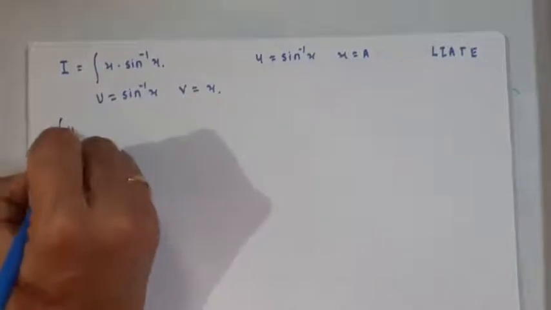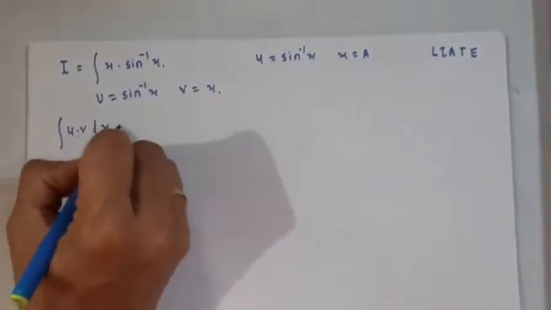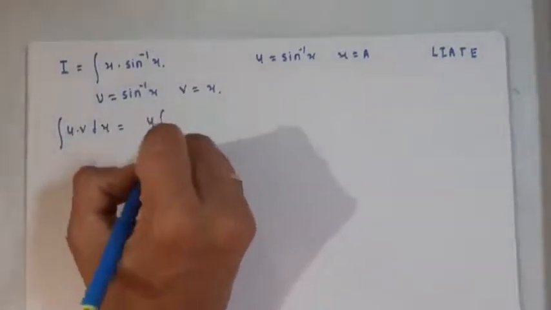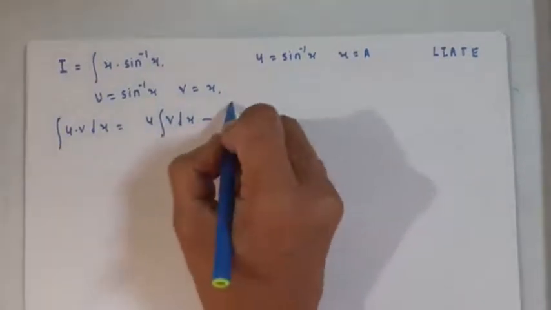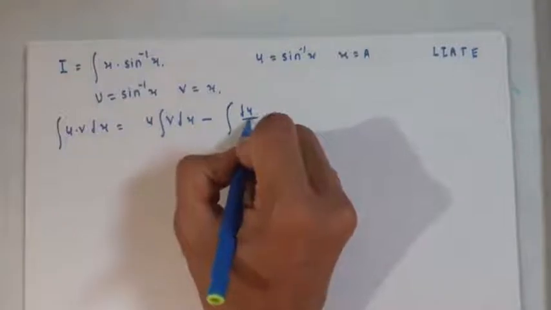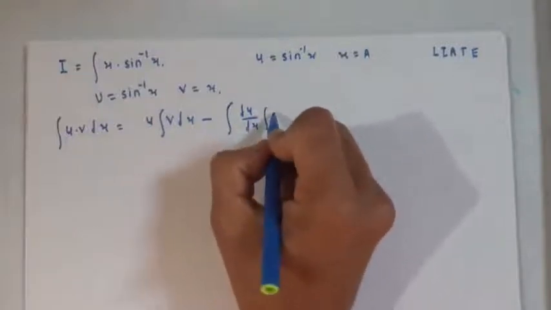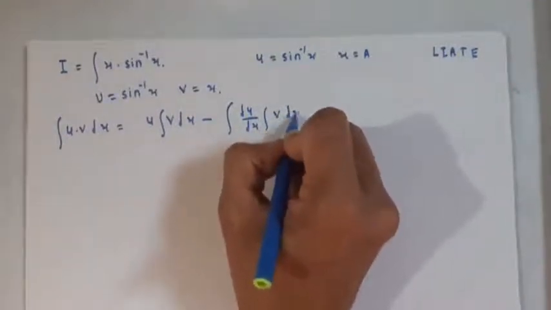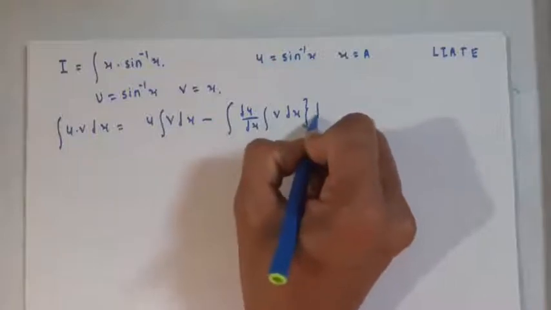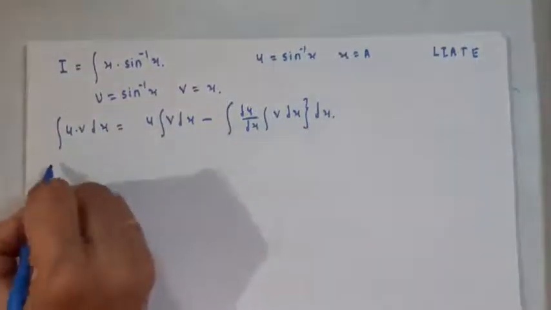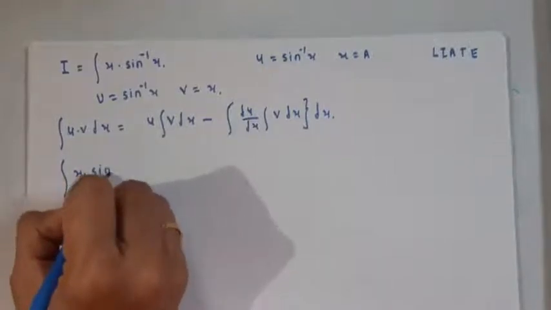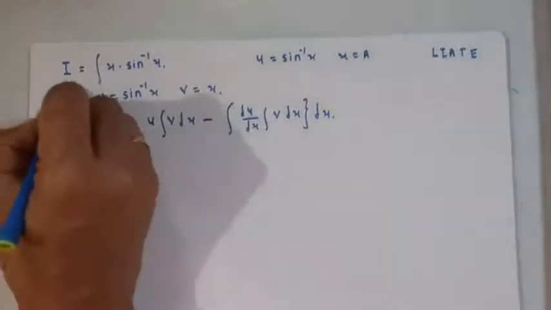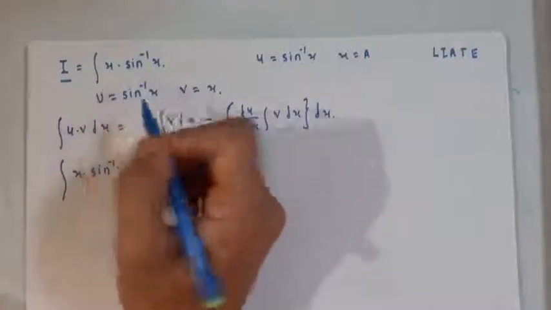Now by using the by parts theorem, integration of u into v is u into integration of v with respect to x minus integration of differentiation of u with respect to x into integration of v with respect to x, and whole integration with respect to x. Therefore integration of x into sine inverse of x that we have considered, that is I.